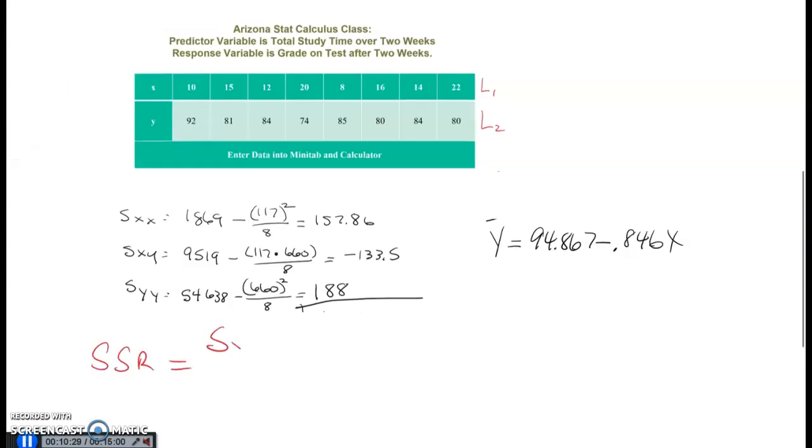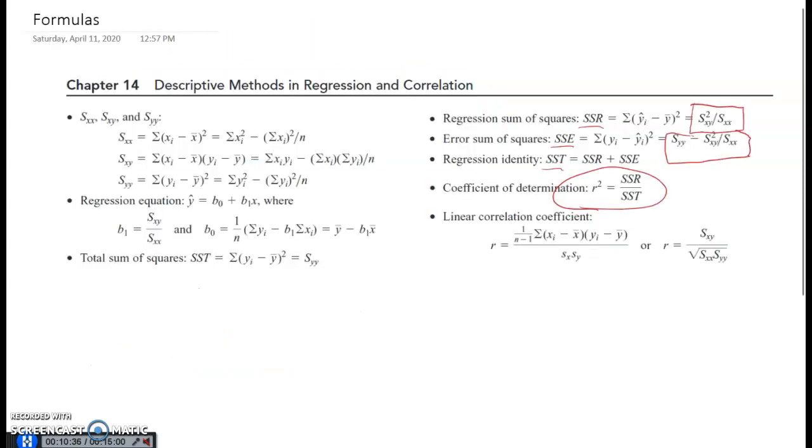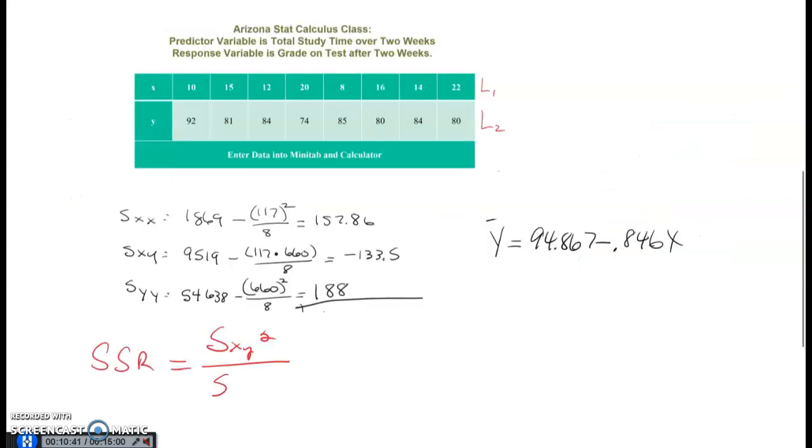So SSR is S of xy squared divided by S of xx. Our S of xy is negative 133.5, squared, divided by S of xx, which is 157.86.